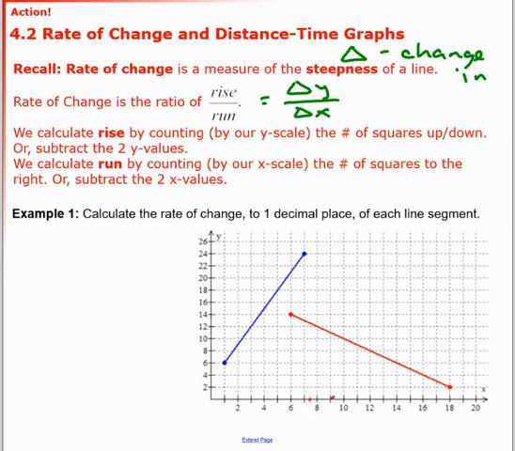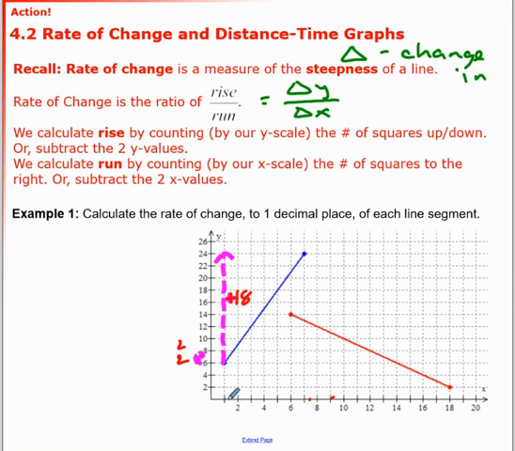So let's show it 2 ways. We will have a rise. Now here's the tricky part here. Notice that this is going up by 2's. So 2, 4, 6, 8, 10, 12, 14, 16, 18, a rise of 18. And that would be a positive 18.